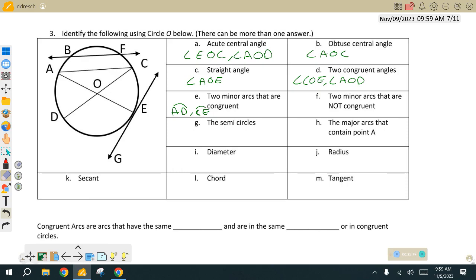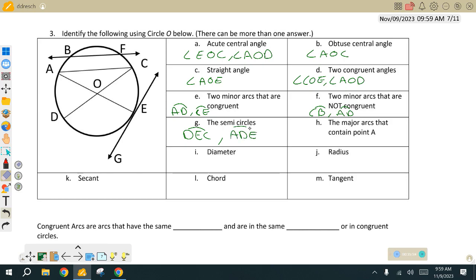Minor arcs, but not congruent. CB I heard. And what? AD, sure. Those are not congruent. Give me a semicircle. DEC. Yep, that is a semicircle. What was another one I heard? ADE. Yep.